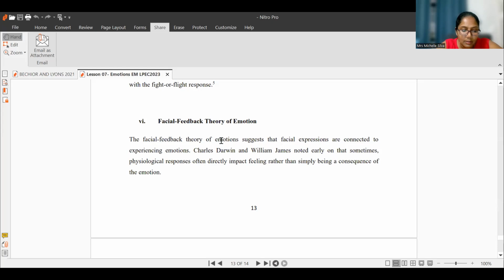Facial expression leads emotion. Further, this theory explained that changes in the muscles of the face lead to creating different emotions.